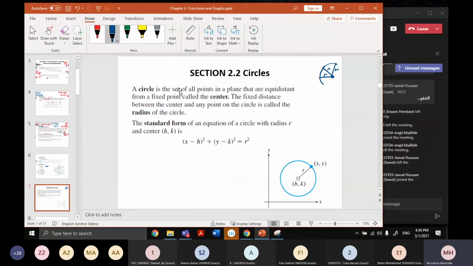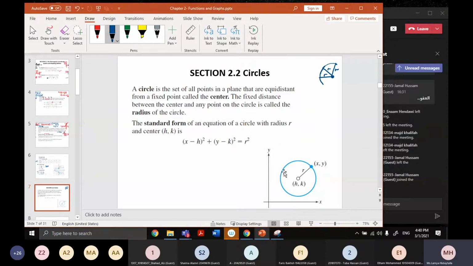So a circle is a set of all points, or a point that is moving, meaning here the x value is different and the y value is different from this point to this point, so it's a set of points in a plane that are equidistant from a fixed point called the center. Such that this set of points have the same distance from that point in the center, and this constant distance we call the radius of the circle.